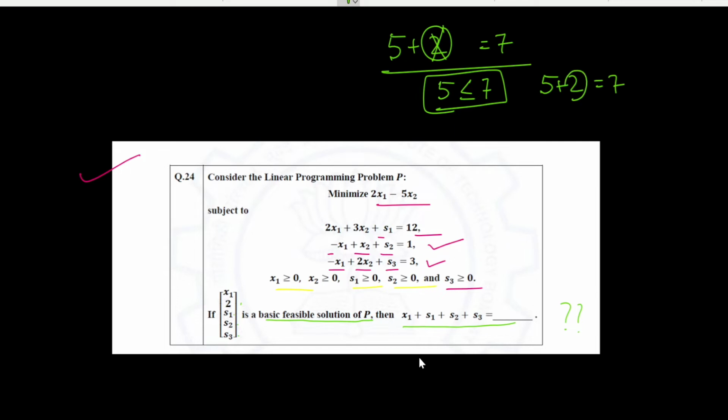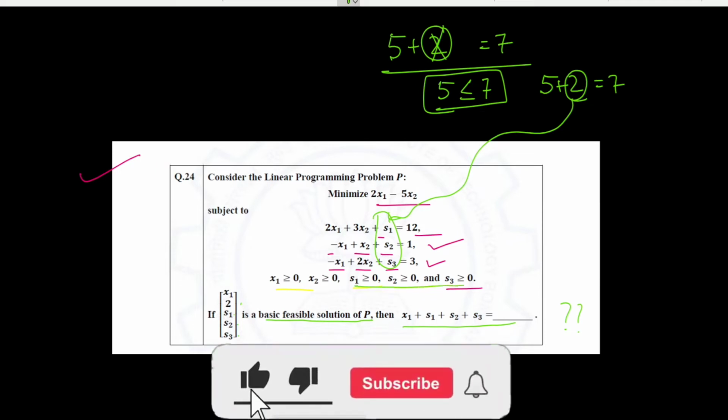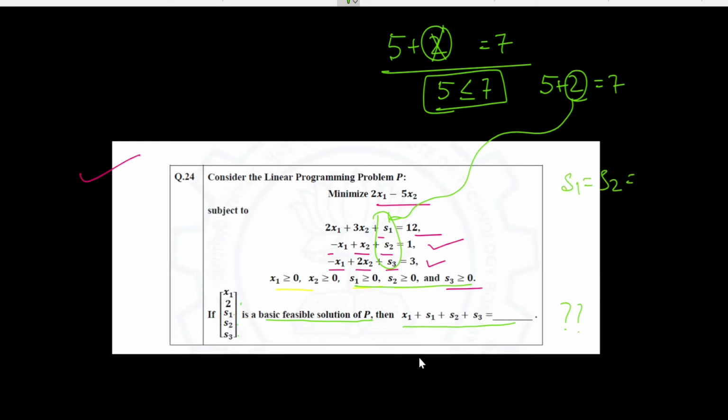So this 2 works like s1, and these three variables s1, s2, s3 satisfy the condition greater than or equal to 0. But we can't say that s1, s2, s3 are equal to 0. These three work as slack variables, but we can't say that they are equal to 0.